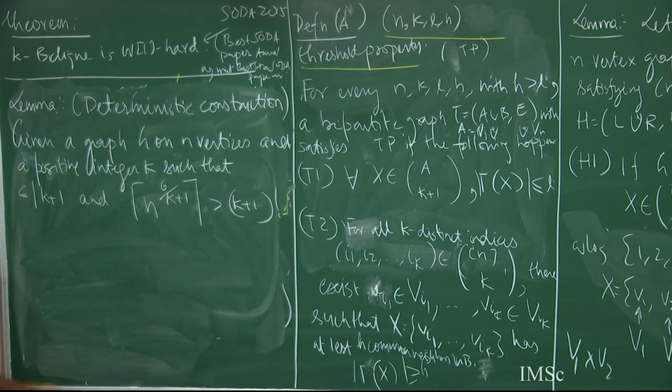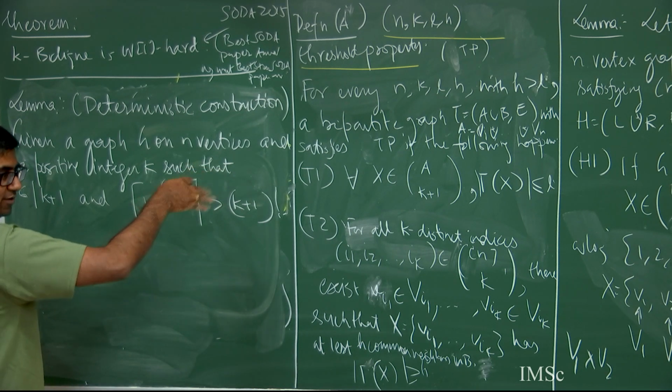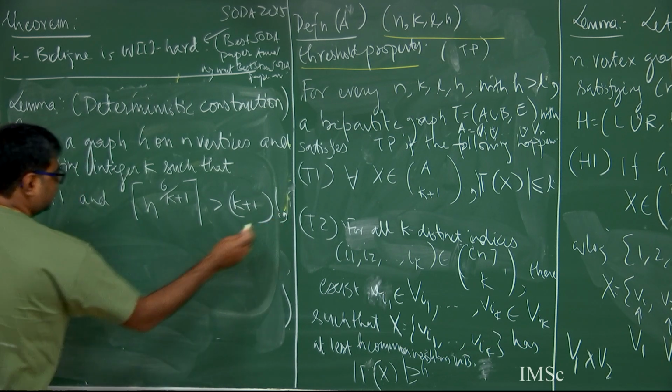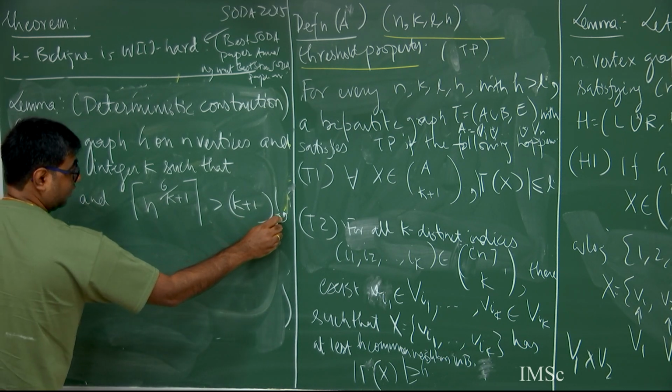This is fine. You can achieve these things because for graphs whose size is a function of k, the problem is FPT, so you do not care about those graphs anyway. You only care about the graph when it is larger than any function of k, right? Then this is (k plus 1) factorial.